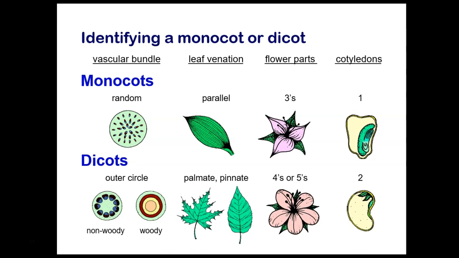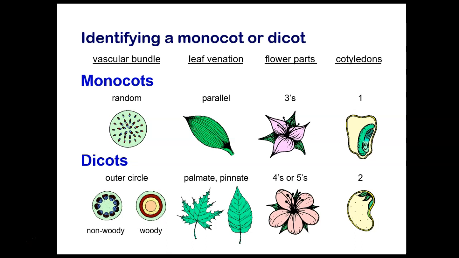So as we mentioned before, in monocots, the phloem and xylem are arranged randomly throughout the cross-section of the stem. In dicots, there's a more circular arrangement. And then when we look at the leaf venation, monocots have a parallel venation, and dicots have a palmate or pinnate venation. So very simply, we could say monocots are grasses and dicots are flowers.